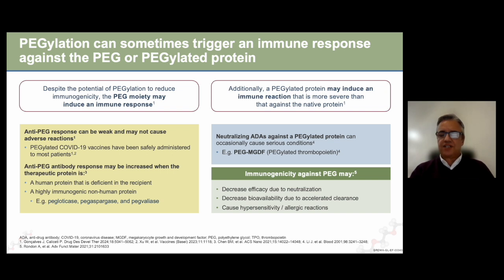So neutralizing ADAs against these PEGylated proteins may occasionally cause serious conditions, like, for example, with PEGylated thrombopoietin. The PEGylated thrombopoietin was discontinued after neutralizing anti-TPO ADAs caused severe thrombocytopenia in 30 patients out of 325 healthy volunteers, and also in patients treated with the drug.